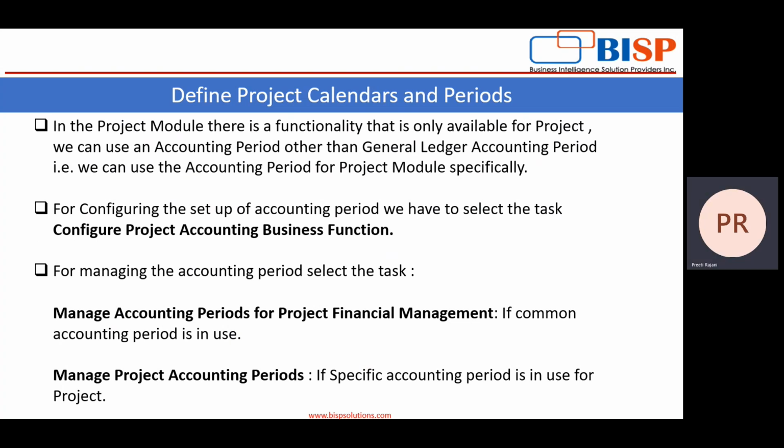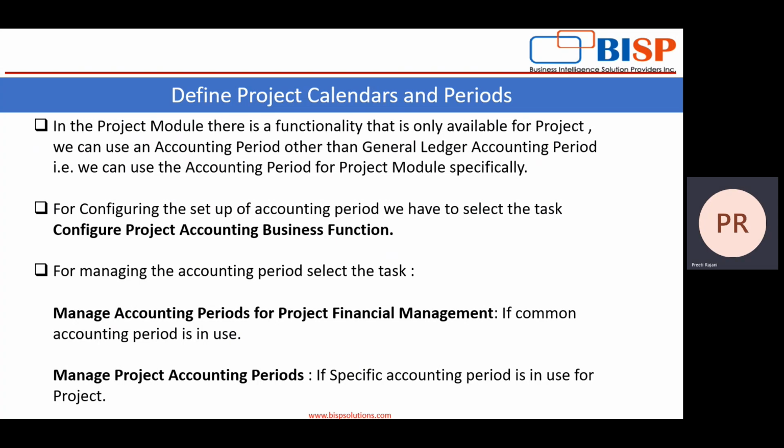In the project module, there is a functionality that is only available for project. In the Oracle Fusion, this functionality is not available for any other module, but in the project, Oracle provides you with the functionality where you can use the calendar, which is different from your general ledger calendar. We can use an accounting period other than general ledger accounting period.